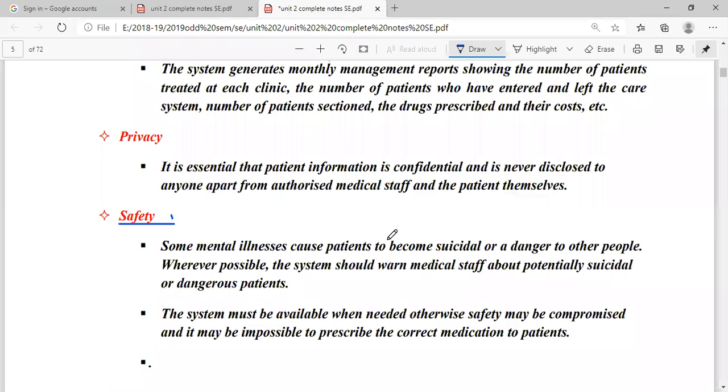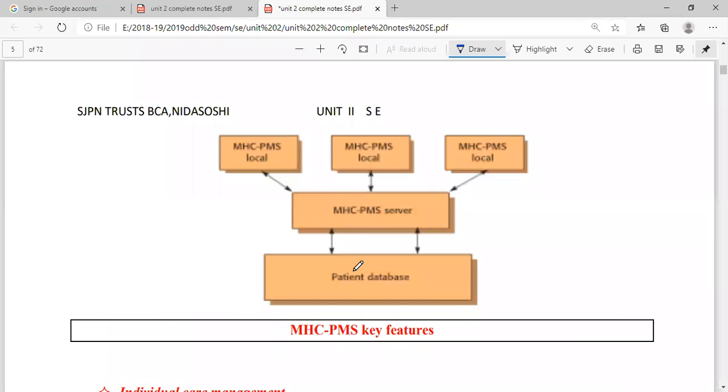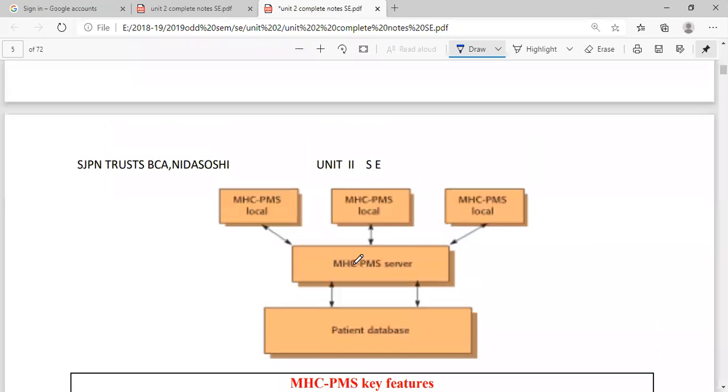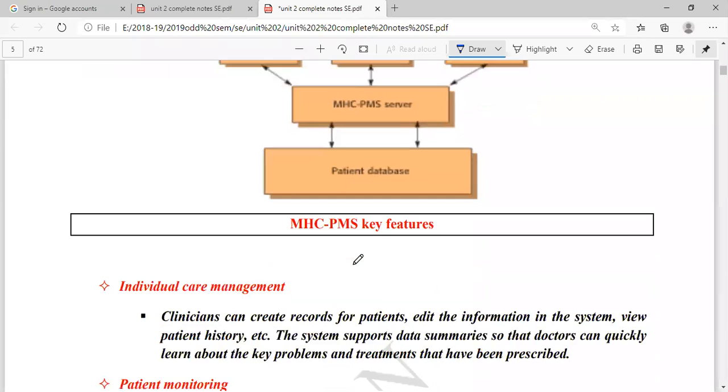So this is all about a mental healthcare patient management system. It is nothing but a total hospital management system, you can say. I have taken the example of only mentally sick people, but this is overall an example of managing a hospital. So these are all the requirements.